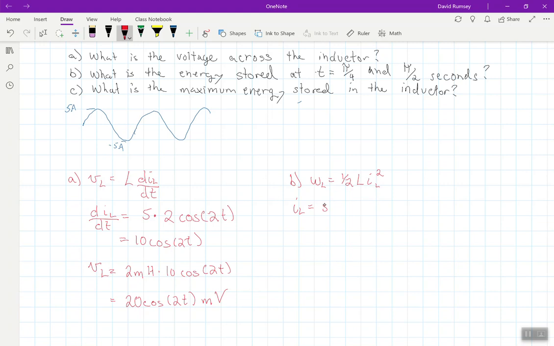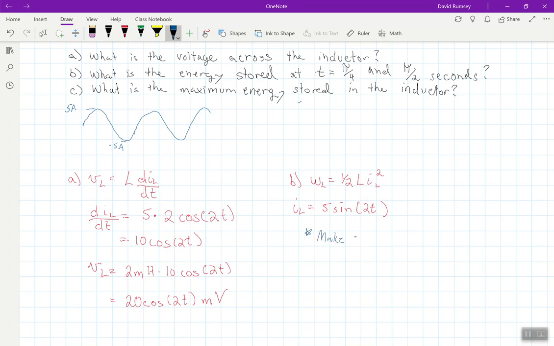Our current is 5 cosine of 2t. Now, I'm sorry, it's not 5 cosine, it's 5 sine of 2t. If you haven't had any trig yet, this is where you definitely want to turn to your calculator, but there's 1 thing we need to make sure.